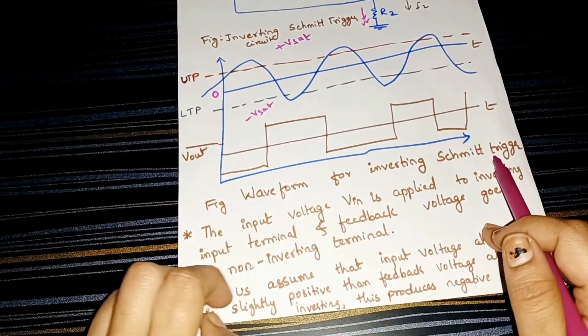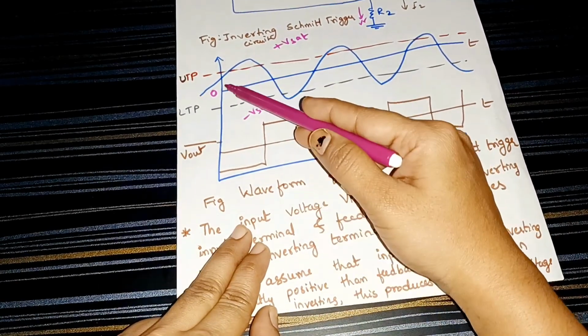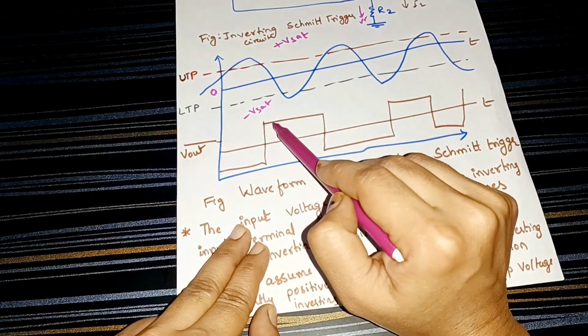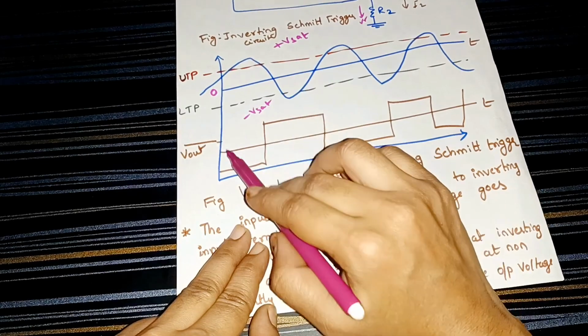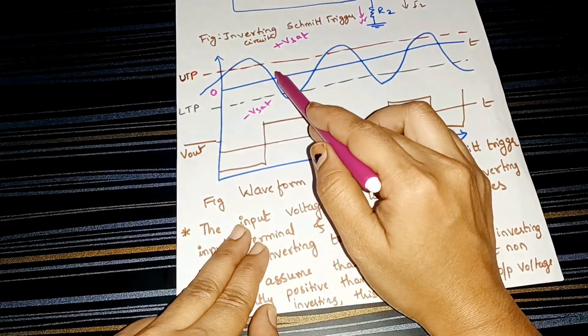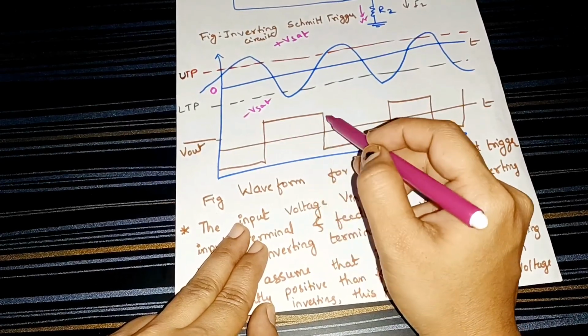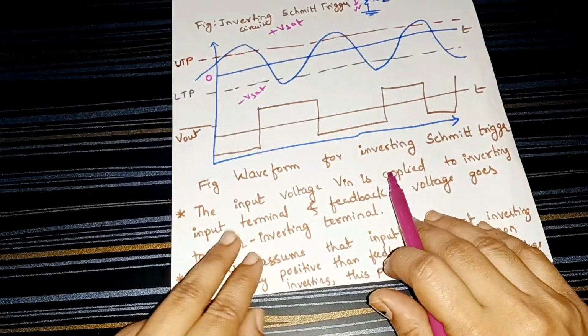When the input is positive, the output is in negative saturation, below LTP. When the sine wave is below LTP, we get the output at the upper level.